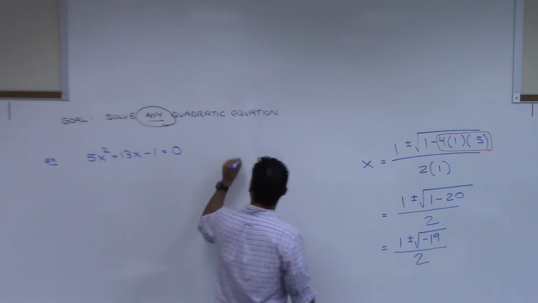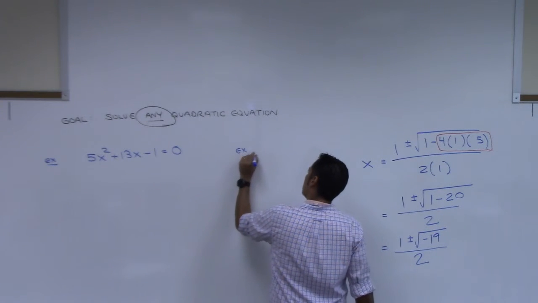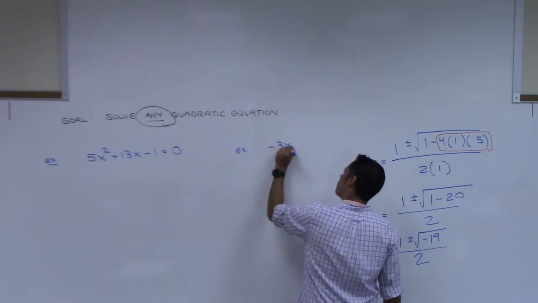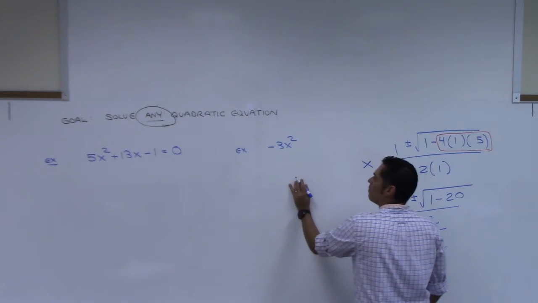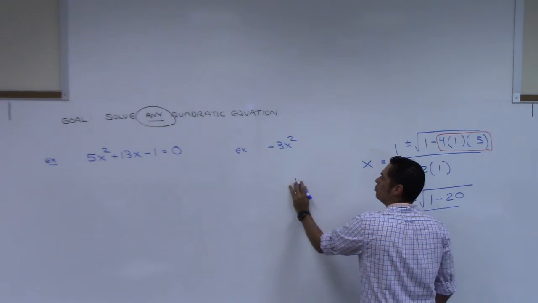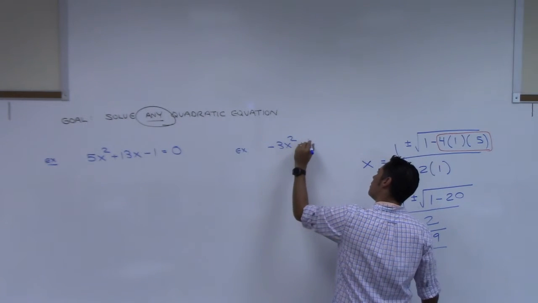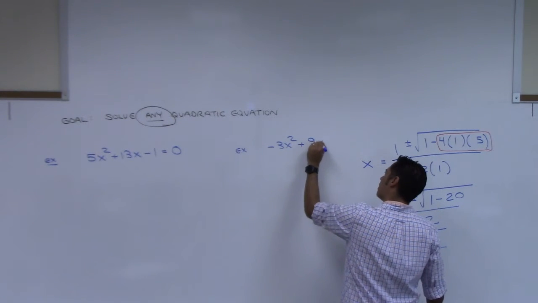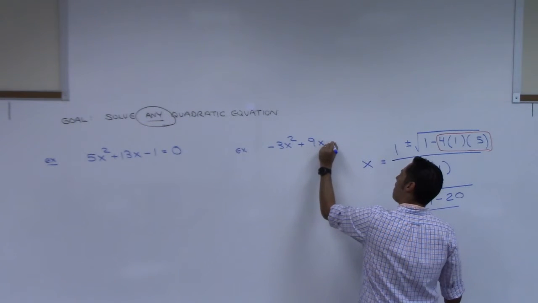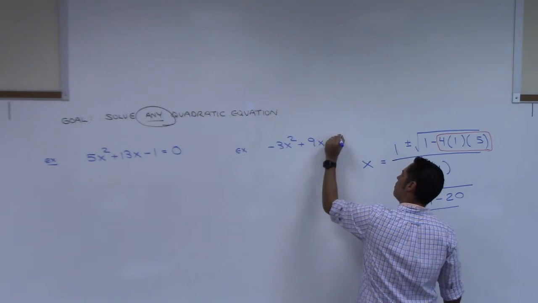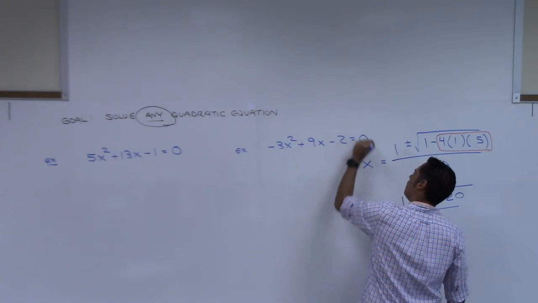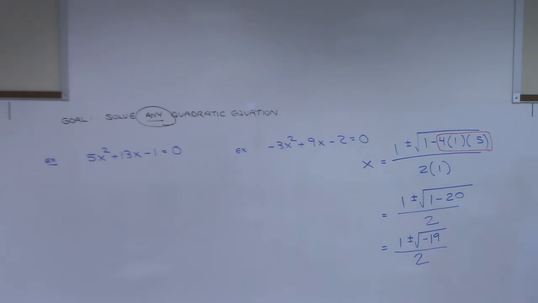And then the next one, let's go with -3x squared plus 9x minus 2 equals 0. Okay, those 2 quadratic equations.